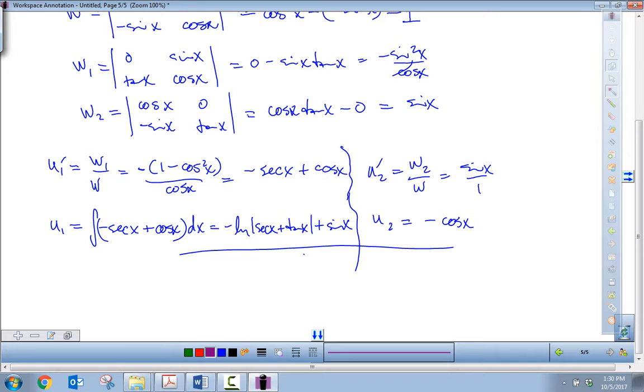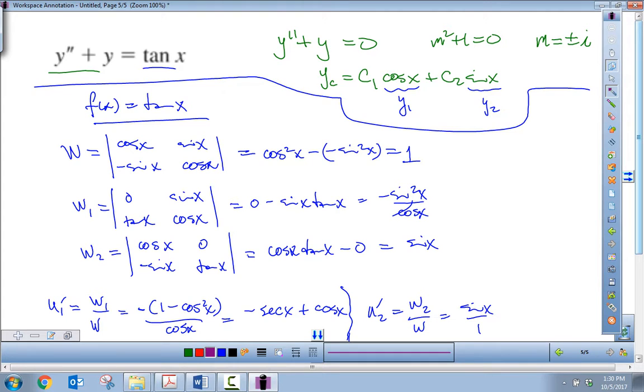Our particular solution, y sub p, is going to equal to negative ln of secant x plus tan x plus sine x, and let's multiply that with y1. What's y1? I think we let it equal to cosine x.